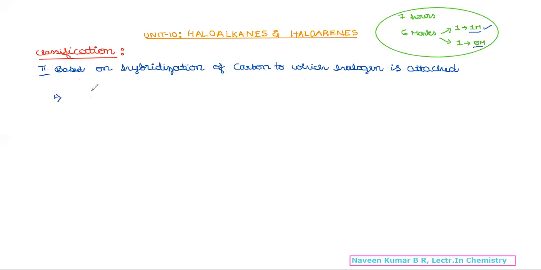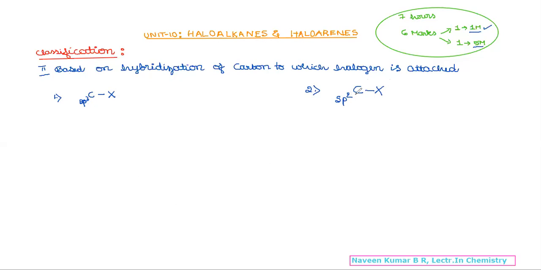So it is the halogen which is attached to an sp3 hybridized carbon atom, and the halogens which are attached to an sp2 hybridized carbon atom. So we know that without a pi bond, if a carbon is surrounded by all sigma bonds, then it is with sp3 hybridization.